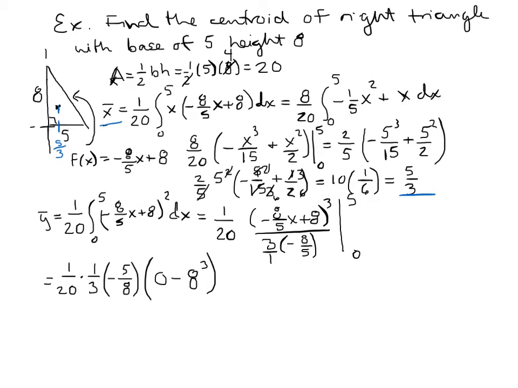Okay, so let's see, does anything cancel nicely as of yet? Yeah, it sure does. So this 5 would go into 20 four times. I can cancel 1 of the 8s. So then I would be left with 1 over 4, 1 over 3, and 8 squared.